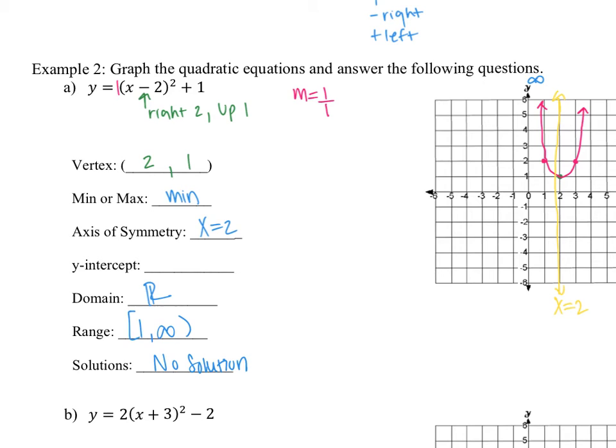And so that's why you only want to use the slope 1 unit away from the vertex, because after that 1 unit to the right and the left, it stops working. That's because the square is causing the numbers to grow really fast. So I just thought I'd mention that because it comes up a lot.